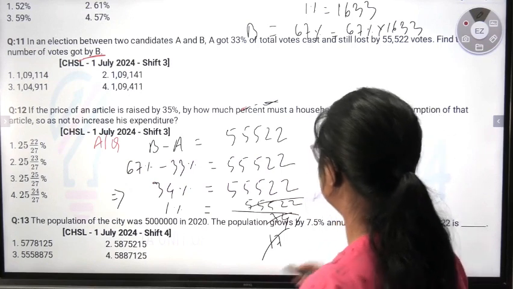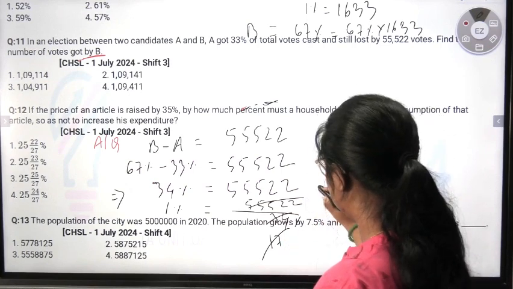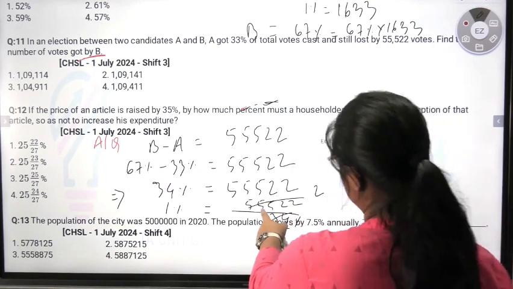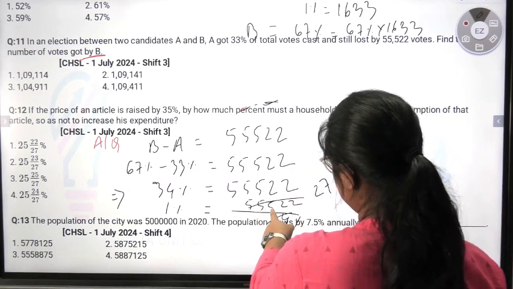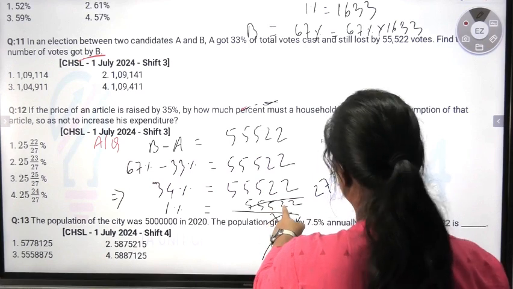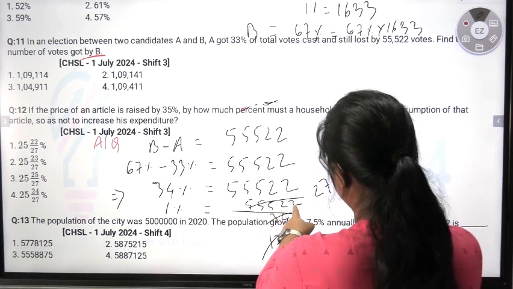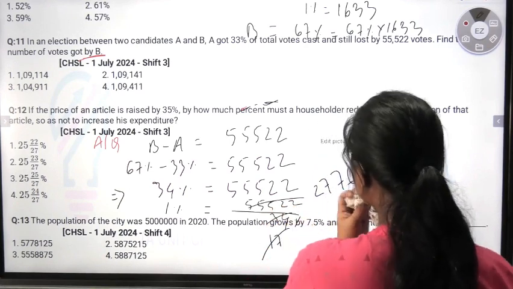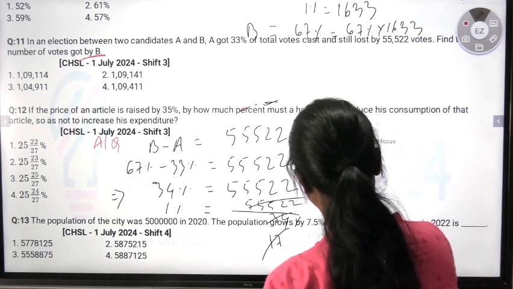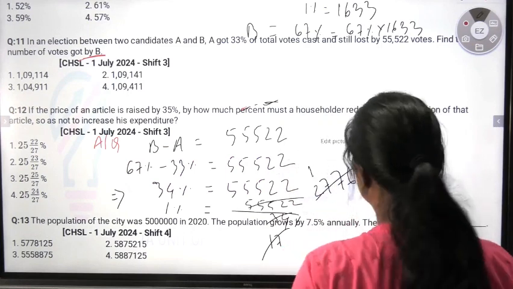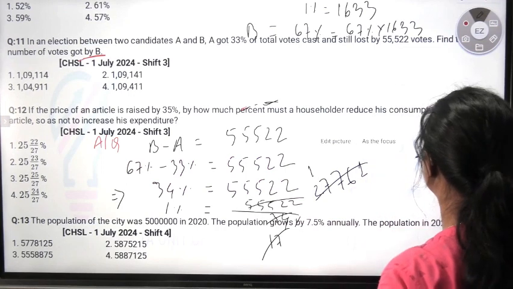Let us do it again. Then 17 1s are 2, 2 7 7 6, and the calculations are longer.